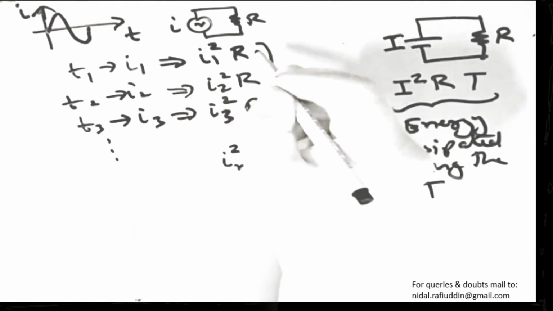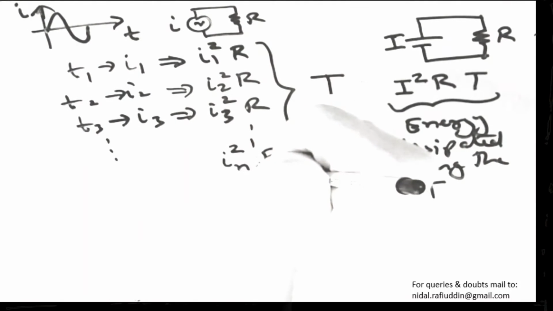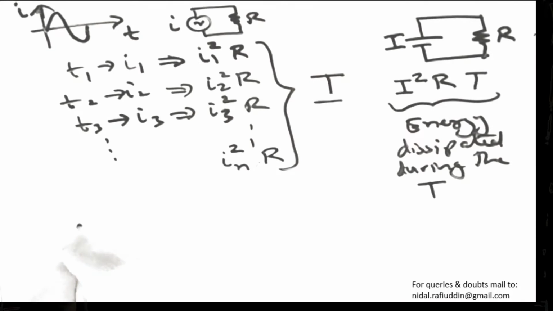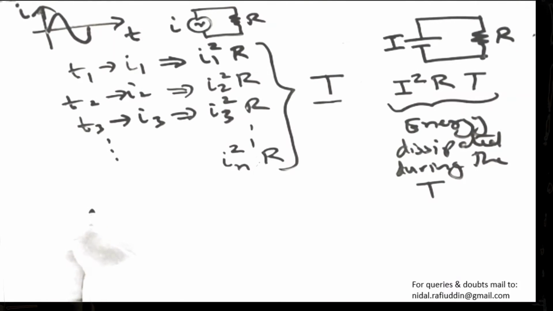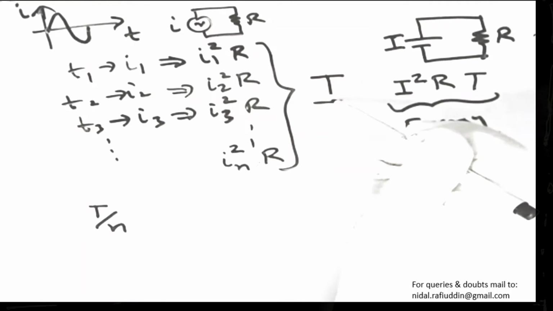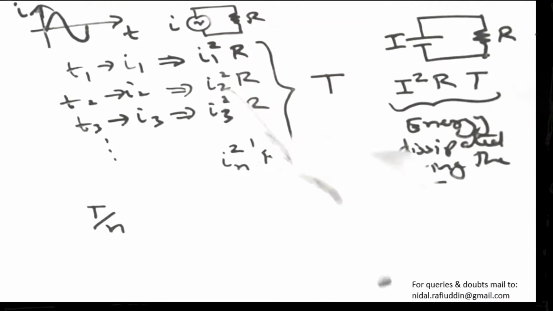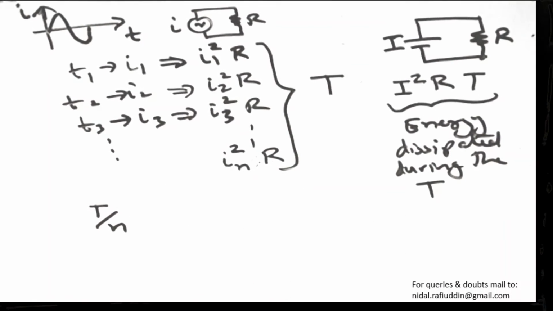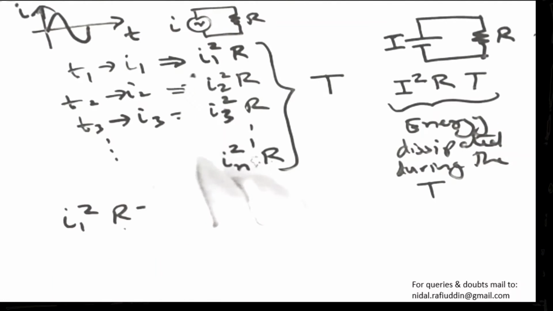If there are n readings within duration T, how much time does the first reading take? It's T divided by n. If there are I1, I2, I3 up till IN instantaneous values within duration capital T, each current occupies a time T by n, which means the energy dissipated in the first reading would be I1 square R T by n. This is the energy dissipated by the first instantaneous value.